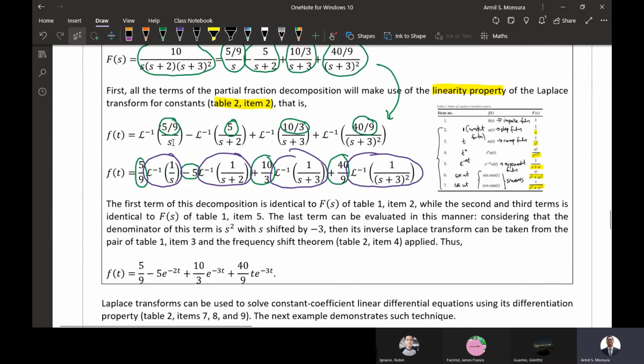Clearly, itong unang term niyo na 1/s, ito yan. Itong number 2. Okay? So, dapat pala iba-iba yung ginamit nating kulay sa pambilog sa kanya.